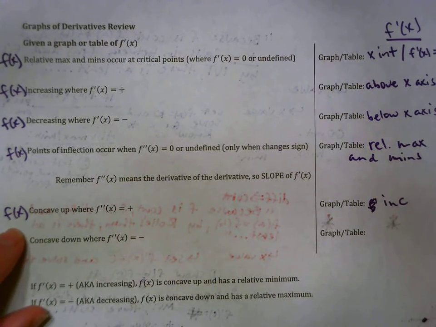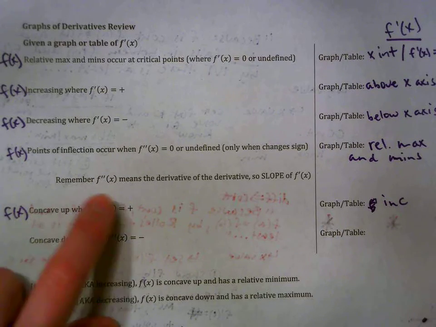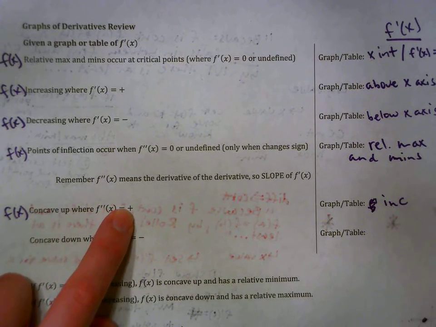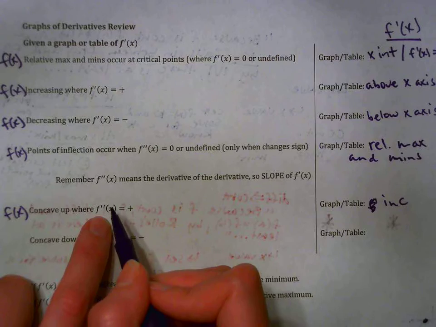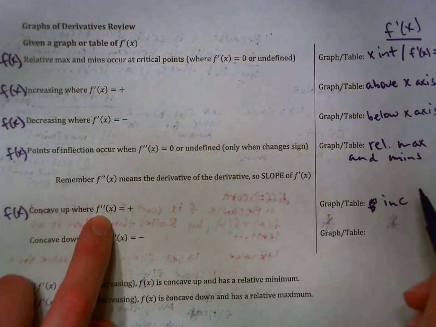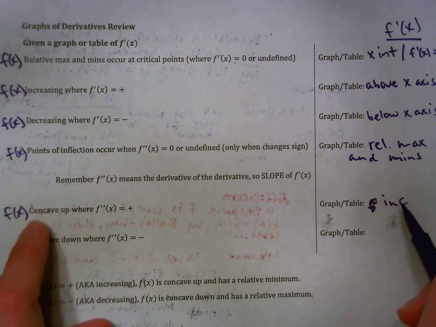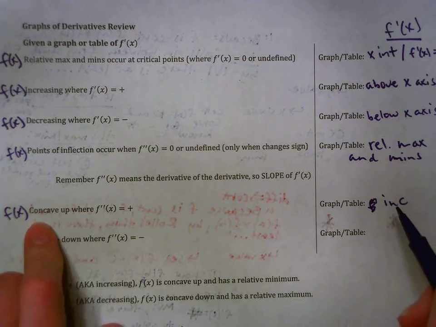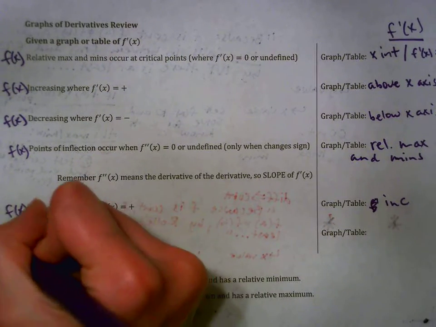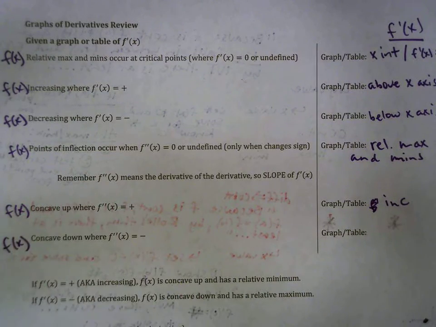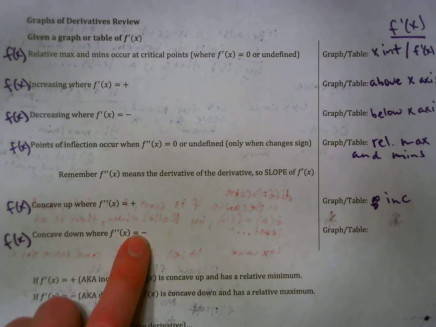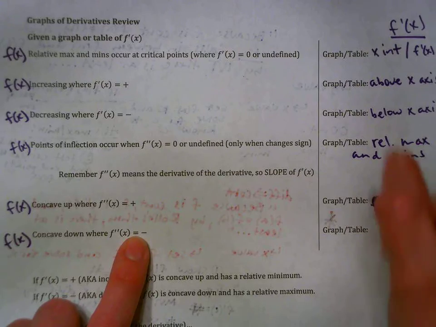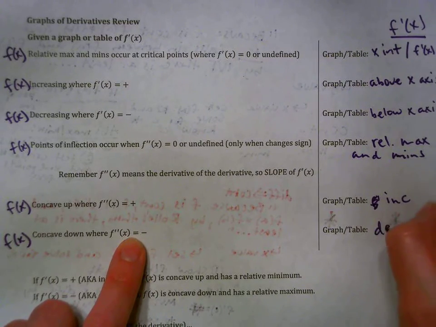So f of x is going to be concave up when f double prime is positive, above the x-axis, which they're not going to normally give you. They're going to give you f prime. So f of x is concave up when f prime is increasing, which means f of x is concave down when f double prime is negative, which means f prime of x would be decreasing.